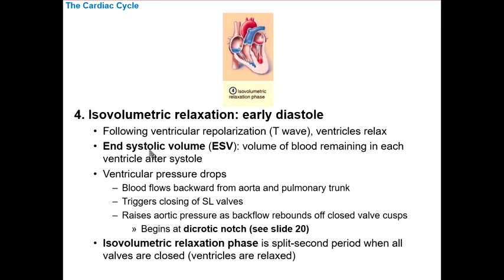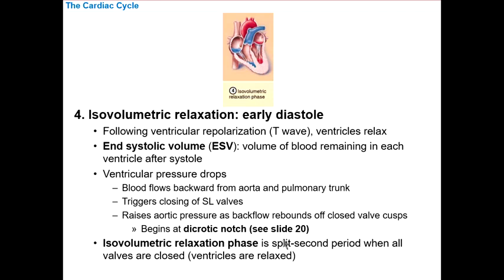So we have end systolic volume, ESV, that's the blood that's left over in the ventricles after the contraction. And remember, this is just a split-second period when all valves are closed, this isovolumetric relaxation phase.